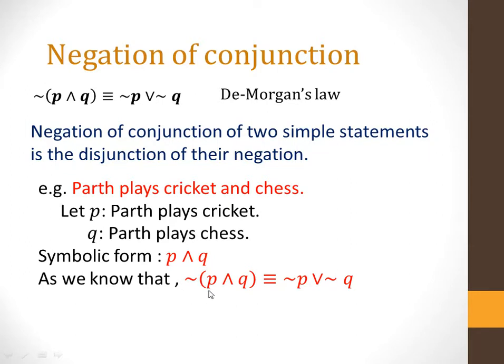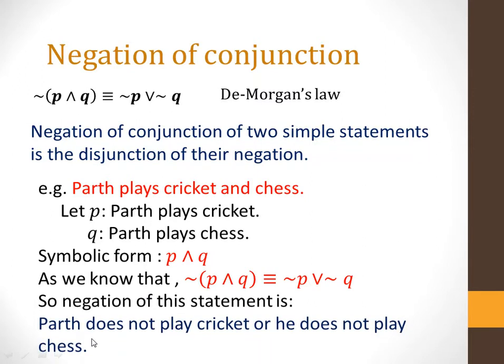See here, negation of P and Q is equivalent with negation P or negation Q. So while taking the negation of the given statement, we use this rule: we do the negation of P, join it by or, and then the negation of Q. We can write it like this: Parth does not play cricket or he does not play chess.